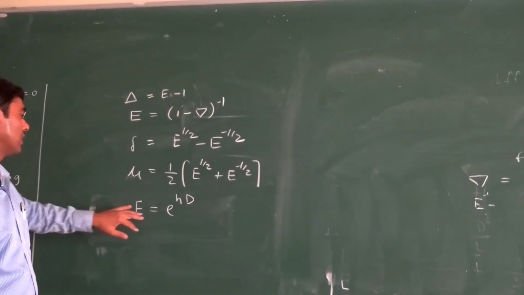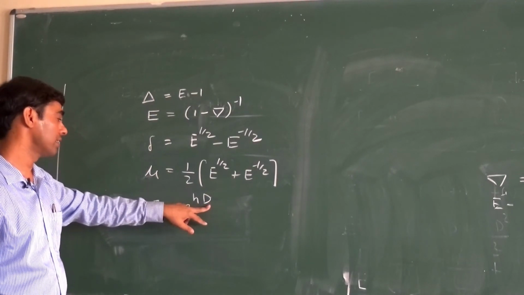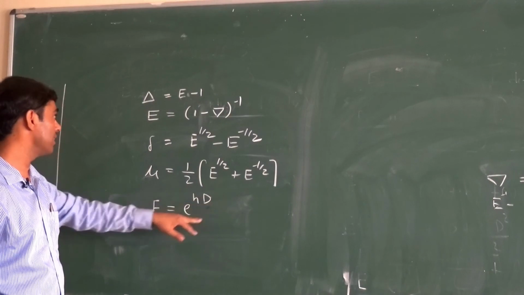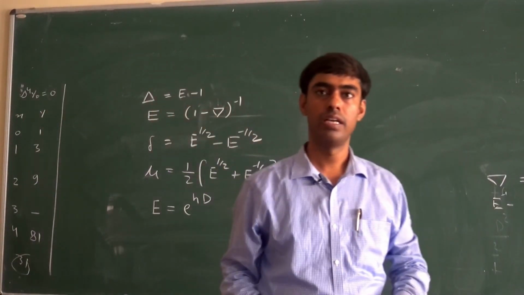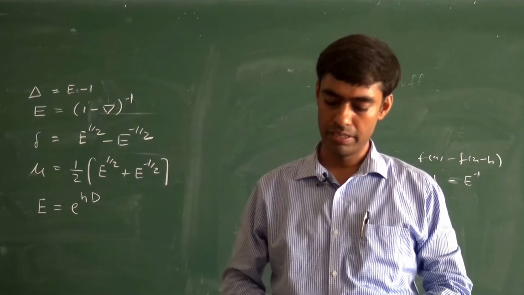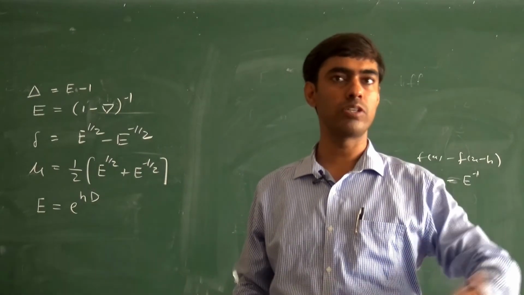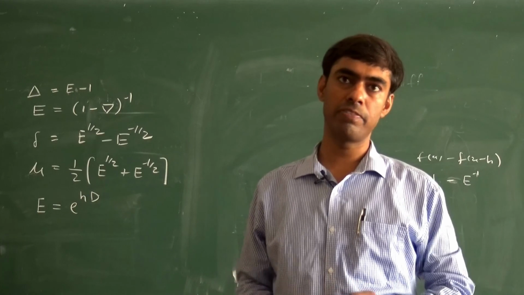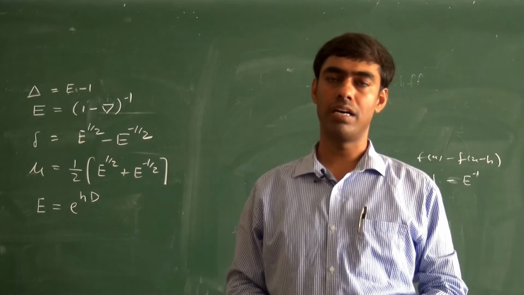Similarly, in terms of delta, we are able to find the relation between the differential operator and the forward difference operator. That's why we establish the relation between the shift operator and one operator to all other operators. With the help of this, we are able to establish the relation among any difference operators.